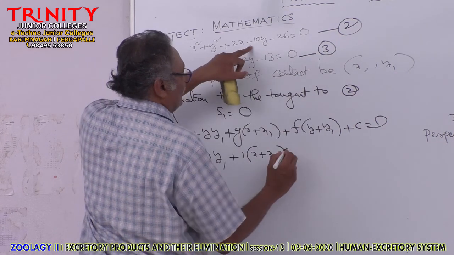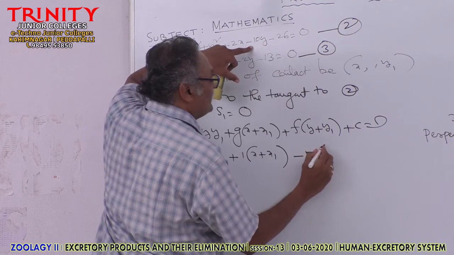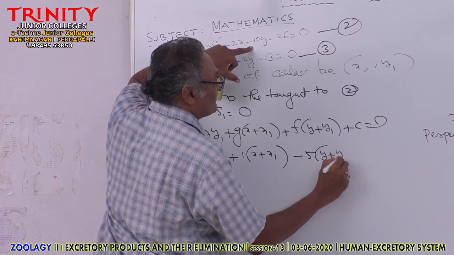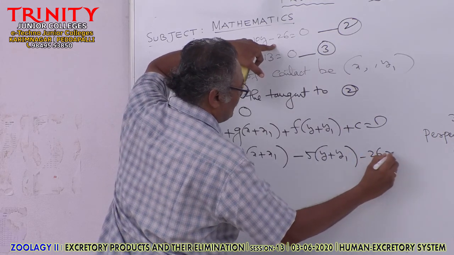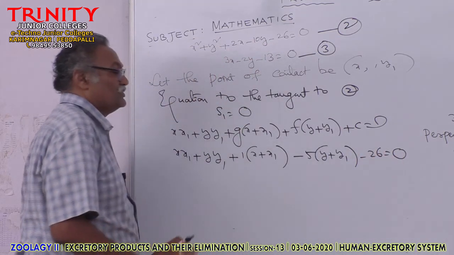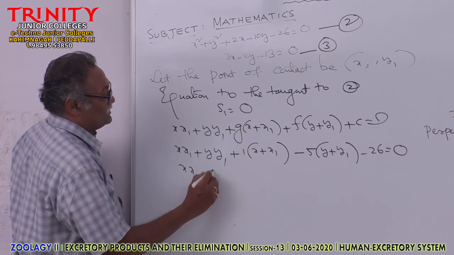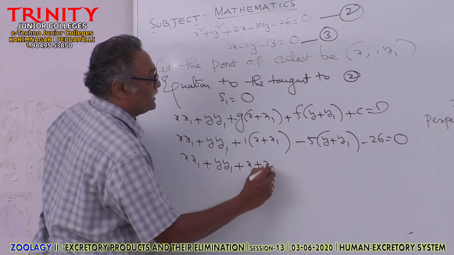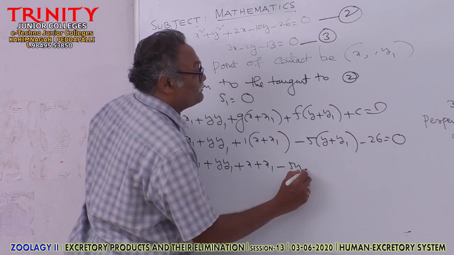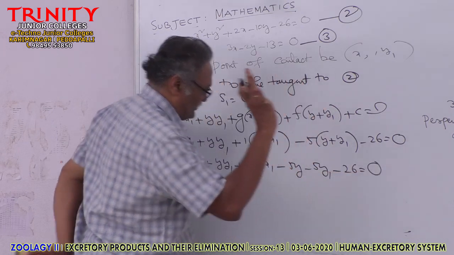Here f is equal to minus 5 into y plus y1 plus c, that is minus 26 is equal to 0. Right? Here xx1 plus yy1 plus x plus x1 minus 5y minus 5y1 minus 26 equals to 0.